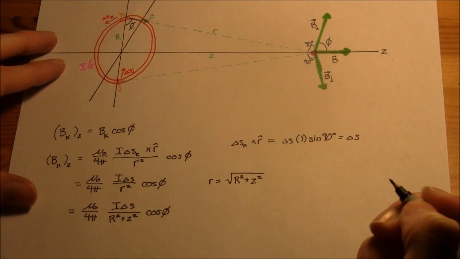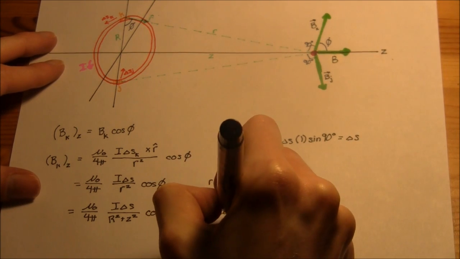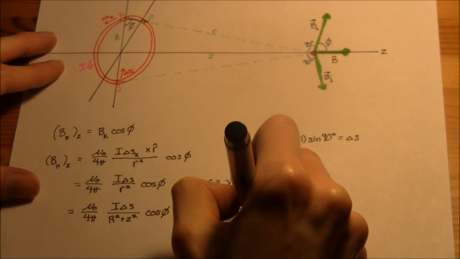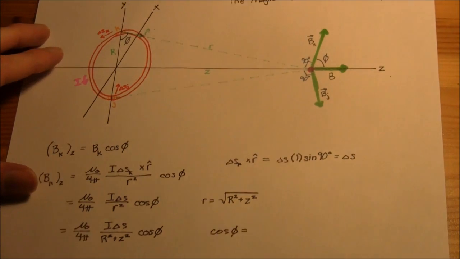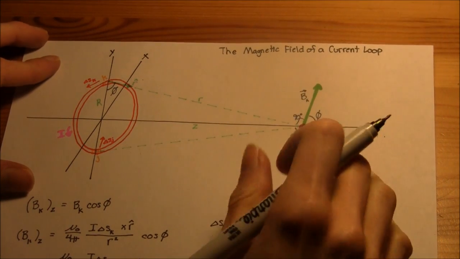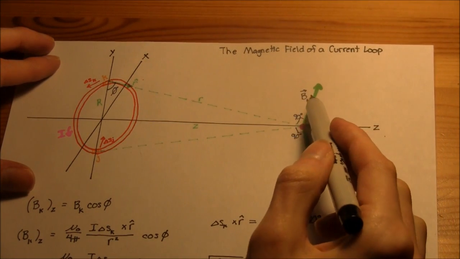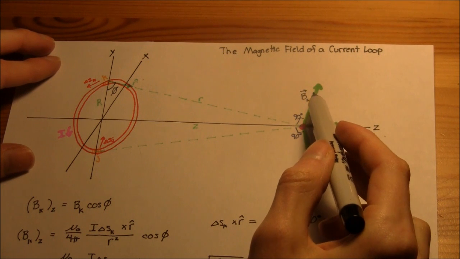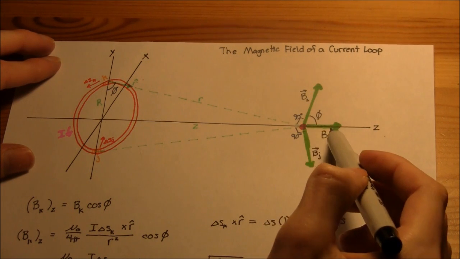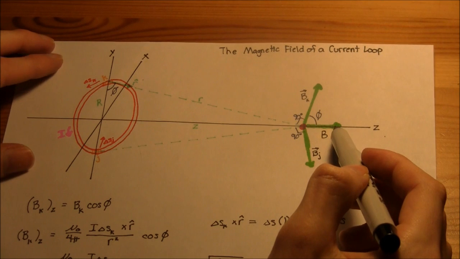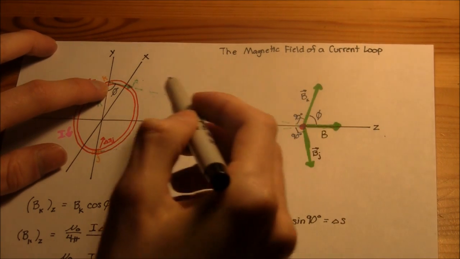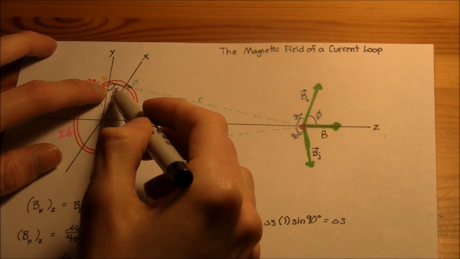Now to evaluate cosine phi, the angle phi is the same as that between the magnetic field B and the z component of B, which is the same as this angle here between R hat and the radius.